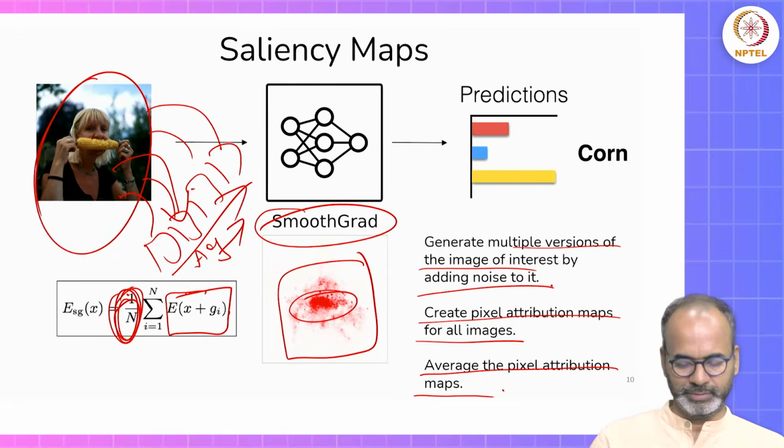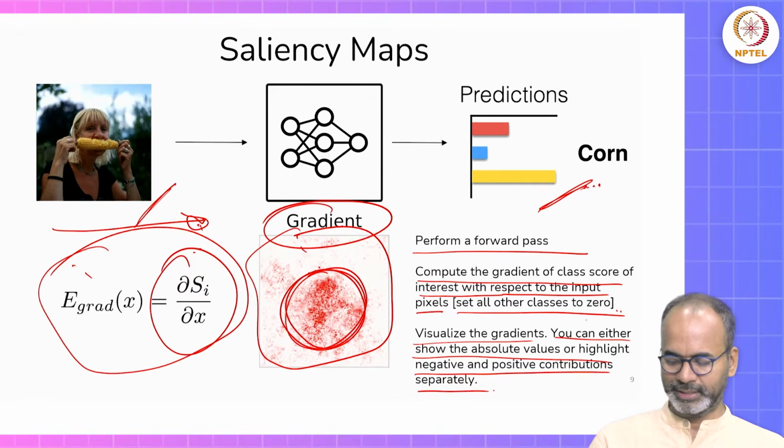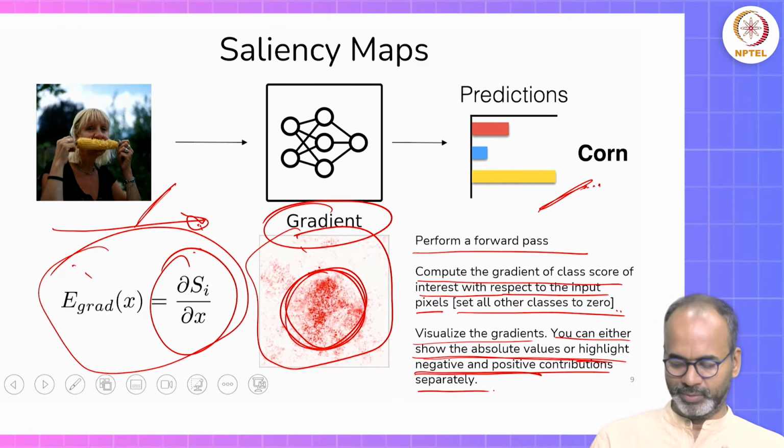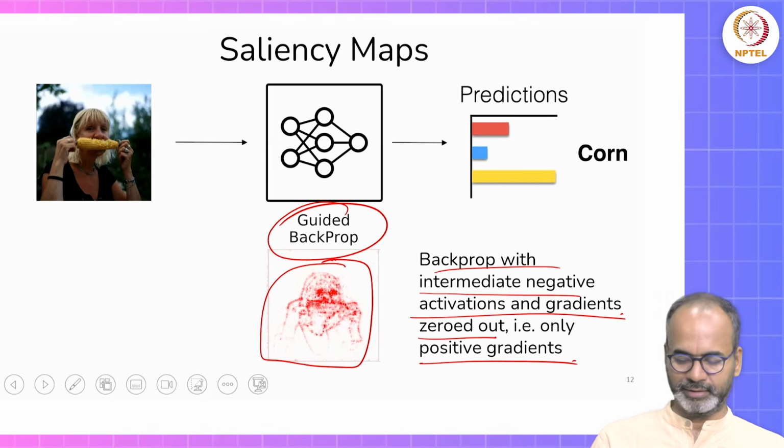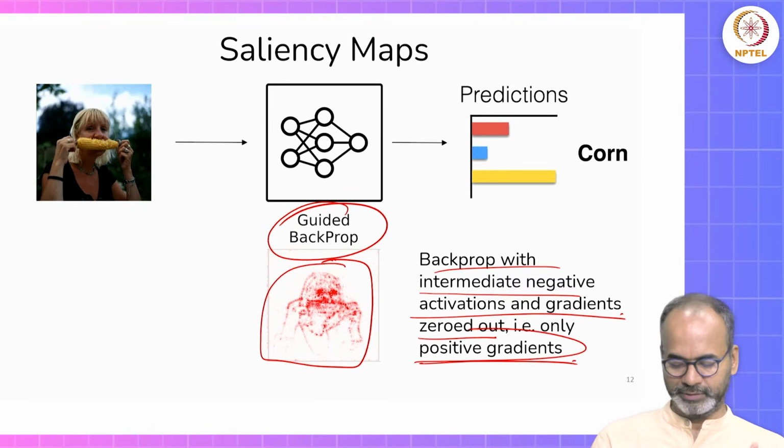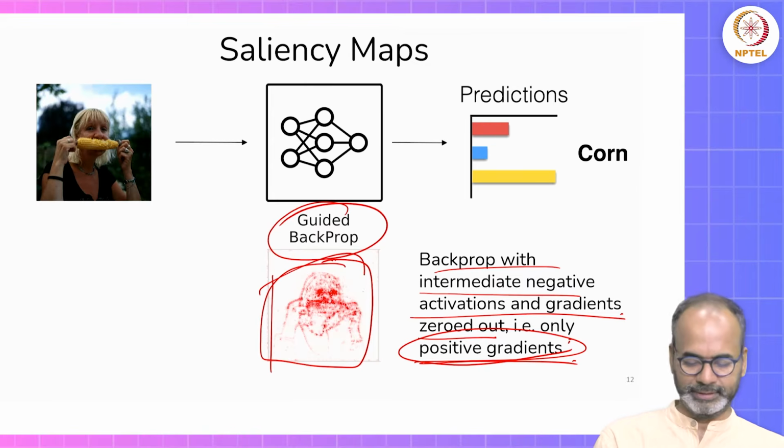If you remember, we can represent it by showing the absolute value or highlighting the negative or positive, whereas in this method, it is only showing you the positive gradient. Right? So that's what this is.